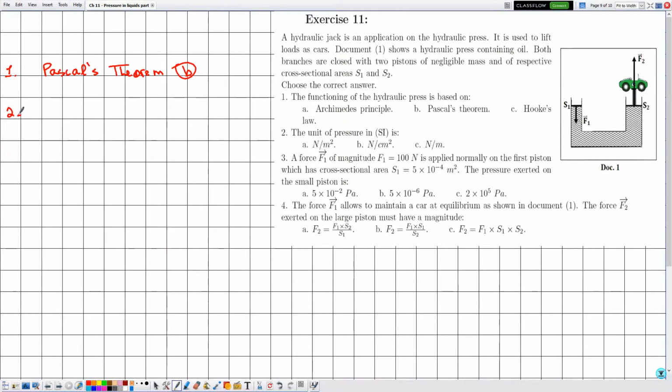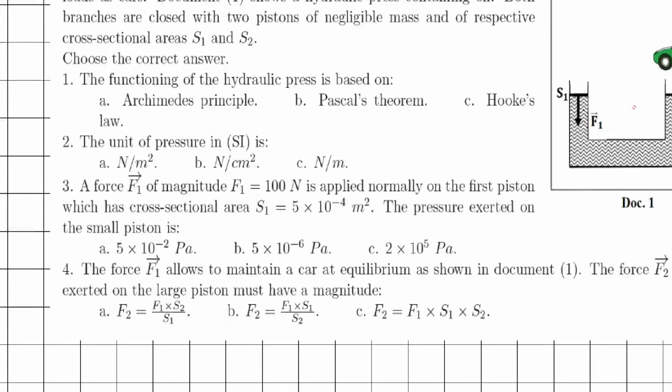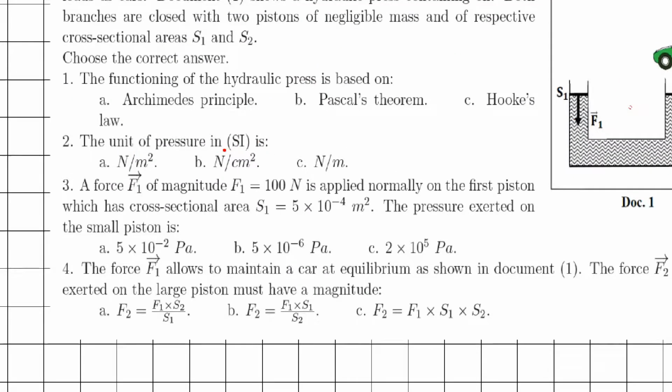Now in number 2, the unit of pressure in the SI is, so this is important: A, Newton per meter square, B, Newton per centimeter square, C, Newton per meter. First let's eliminate C, because this represents the unit of stiffness. Both A and B represent a unit of pressure, because pressure is given by force over area. Newton per centimeter square is indeed a unit of pressure because it's force over area, but this is not the SI unit of pressure.